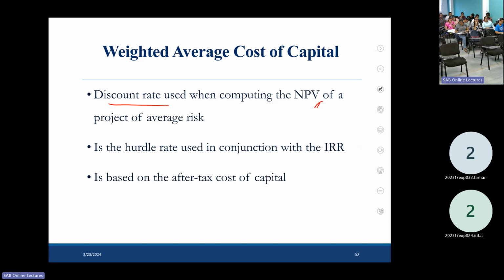So when you calculate this net present value, the discount rate is the company's cost of capital. So this cost of capital, I am repeating it again, is the minimum required rate of return from our investment.